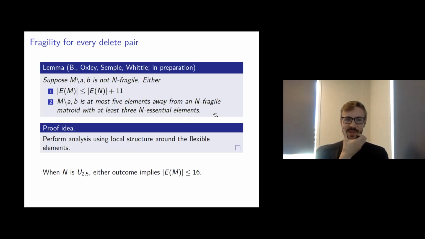So this is why I don't want to really say too much about this proof. So anyway, in either case, it tells us that if M delete AB is not fragile, when we're looking at the case where N is U2,5, then M, the size of our excluded minor, is bounded at 16 elements.